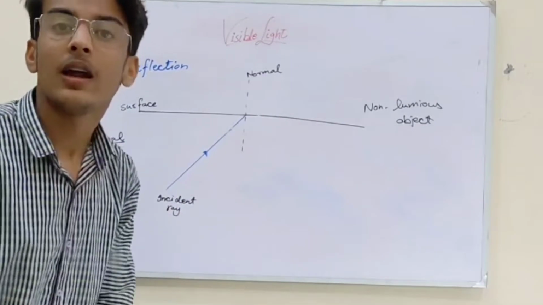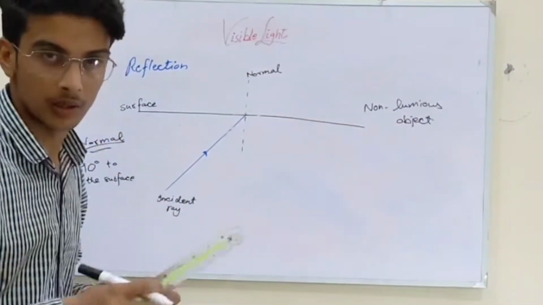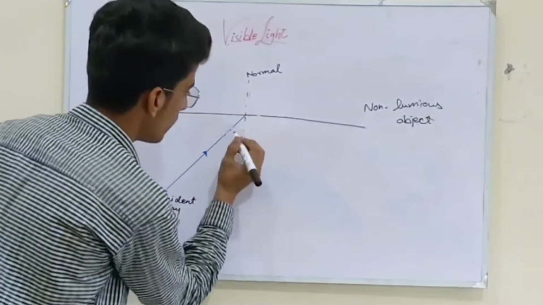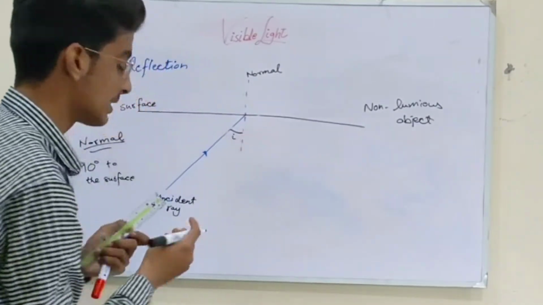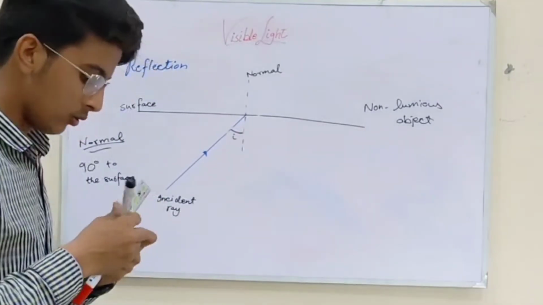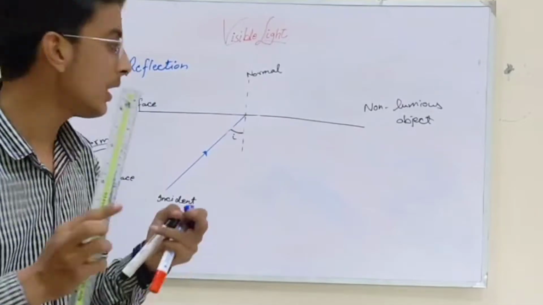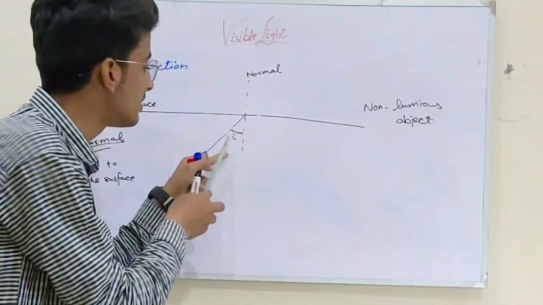We have drawn the incident ray; how to make the reflecting ray? For the reflecting ray, you will take a protractor and measure this angle. This is I, which means incident angle. To make the reflecting angle, you will have the same angle to the normal as the incident ray.